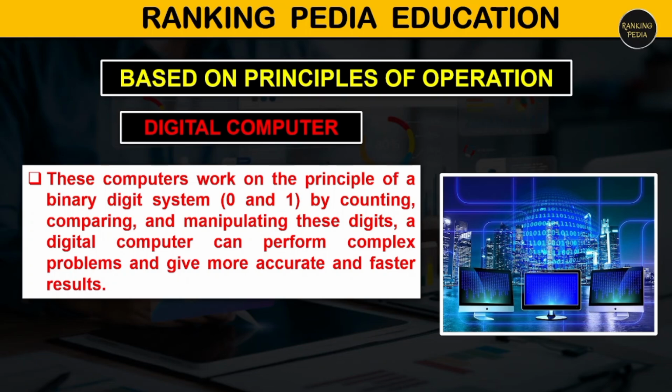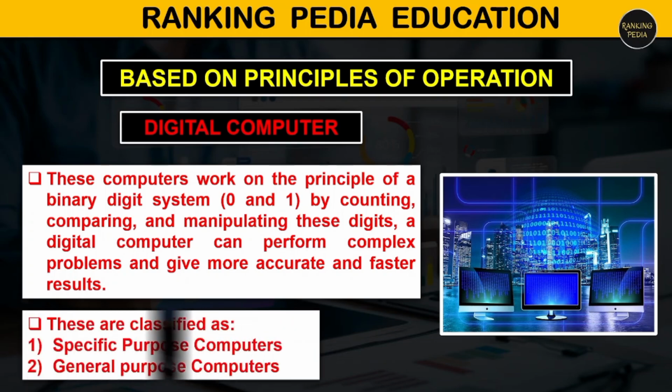Digital computers are further classified as specific purpose computers and general purpose computers. Specific purpose computers are those used for specific applications, whereas general purpose computers are used for different types of application.